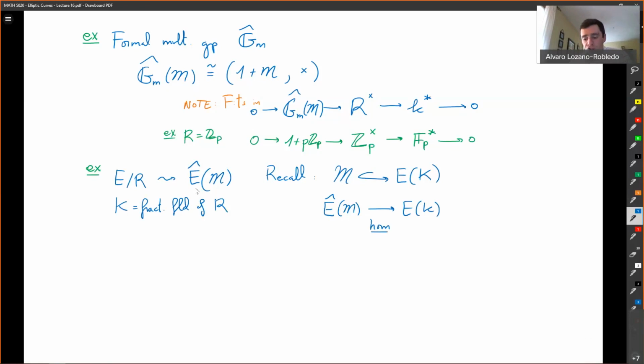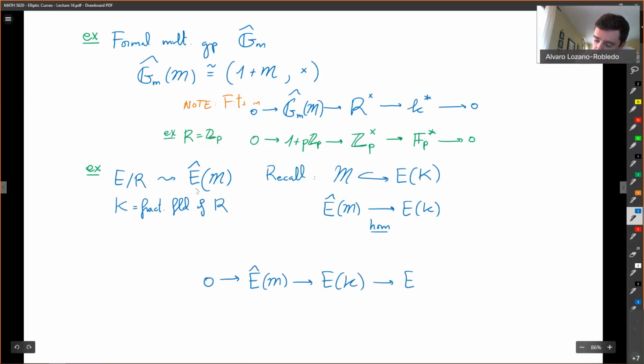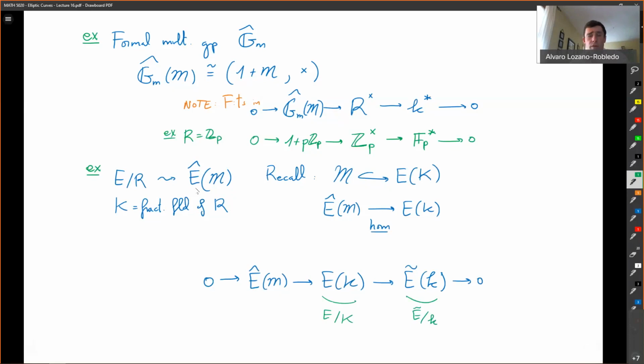Okay, but it turns out that this is no longer, I would love to say that there is an exact sequence like in the ones we've seen before. Sort of like this, where this is the elliptic curve over K, and this is the same elliptic curve, but considered over the finite field or the residue field.